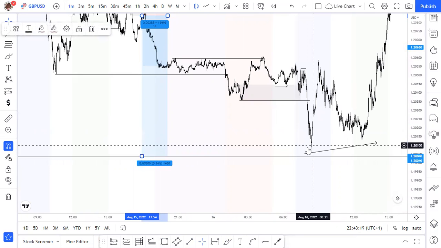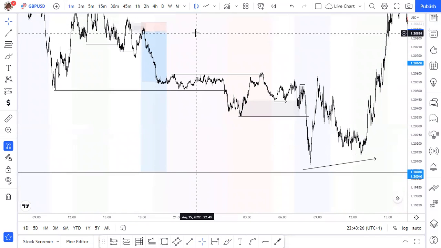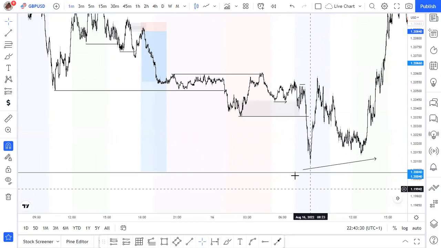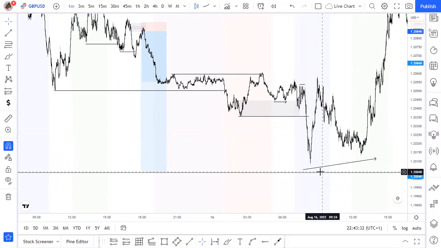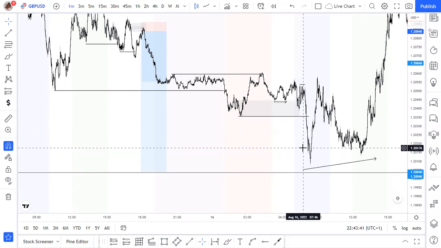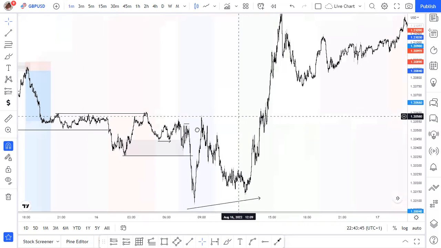I closed the majority of my trades here, and I just had around 10% left to see if price will push down into this. I closed most of them close to the take profit. I usually don't set take profit, I just partial out when price moves in my direction. I think it works for me.